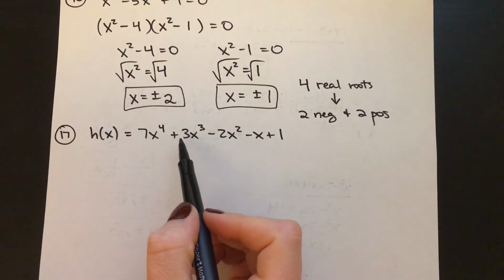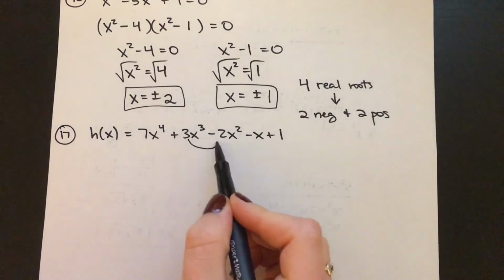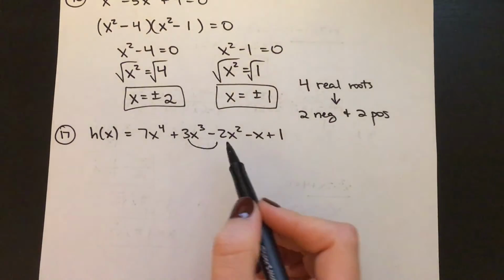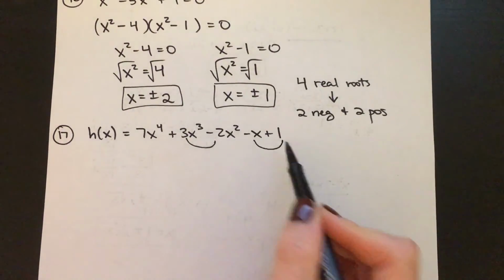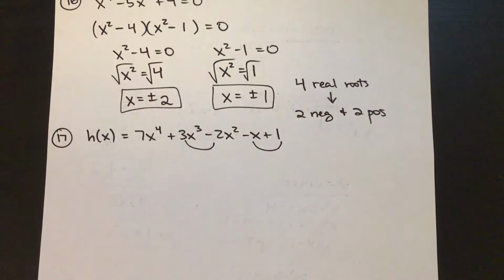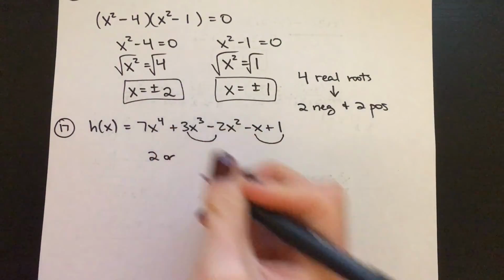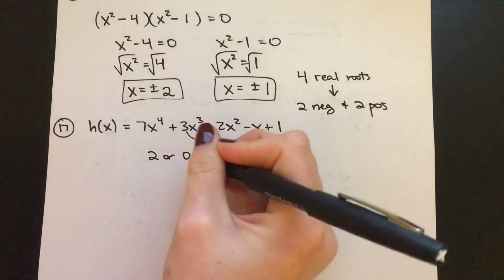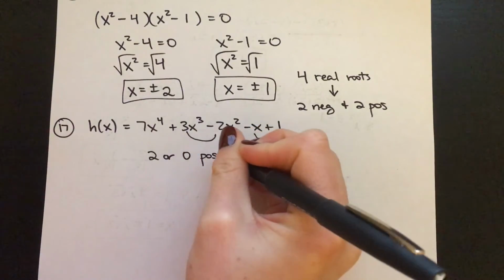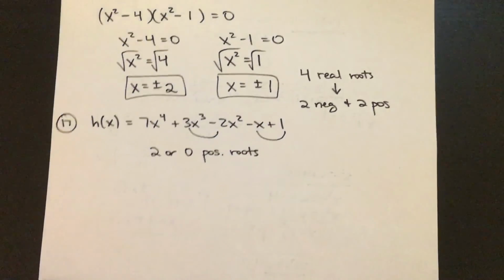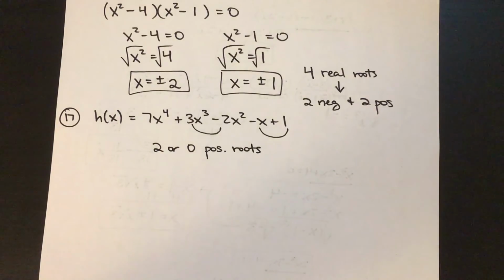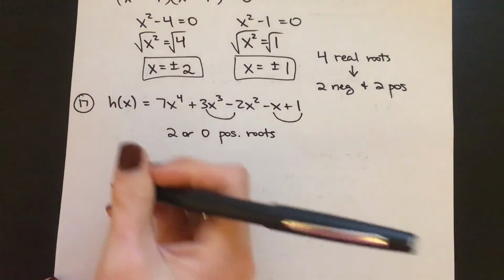So this is positive to positive, not changing. This is positive to negative, so that's our first sign change. Negative to negative, and then negative to positive. There are 2 sign changes. So that means I could have 2, and then remember from the 2, you drop back by even numbers. So you could have 2 or drop back 2 to 0. So we could have 2 or 0 positive roots. That's how you check the positive, is just by looking at the sign changes of the original function.